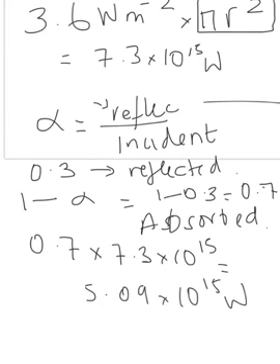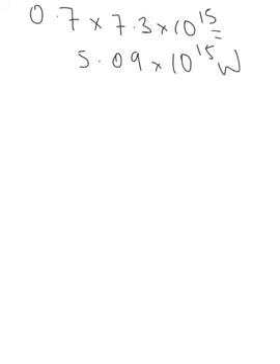It would be 0.7 times the total energy that we worked out over here when we were working out that disk thing. So 0.7 times 7.3 times 10 to the 15, which is the energy arriving at the planet. And that gives us 5.09 times 10 to the 15 here. So that is our absorbed energy.